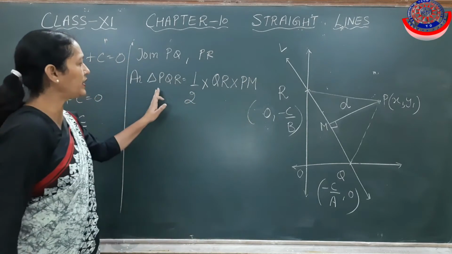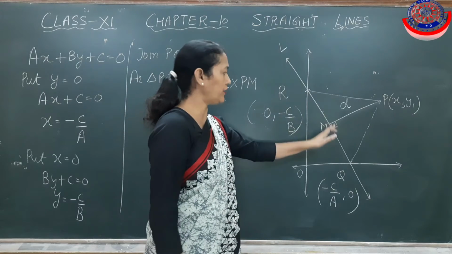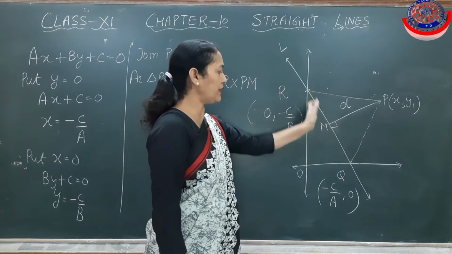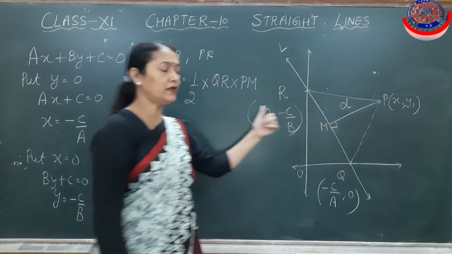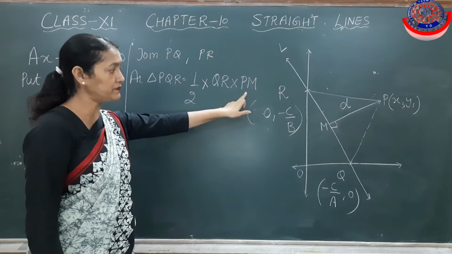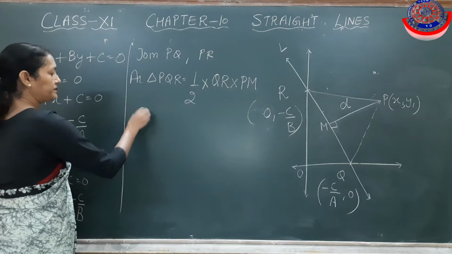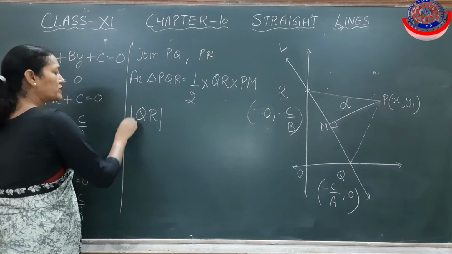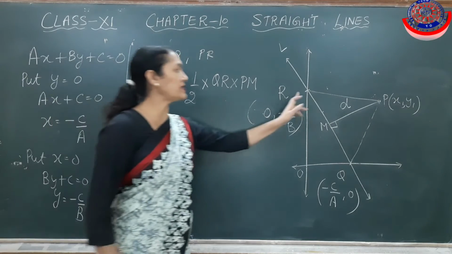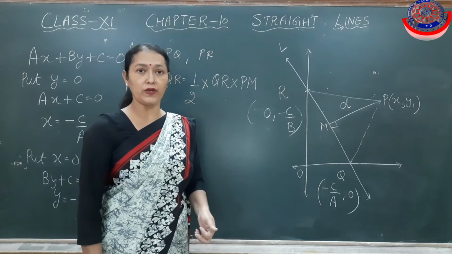So if we find out the area of this triangle, and we find out the value of the base, then by filling in the values we get the value of the perpendicular distance. For finding QR, what is QR? QR is the distance between 2 points, and this we can calculate using the distance formula.